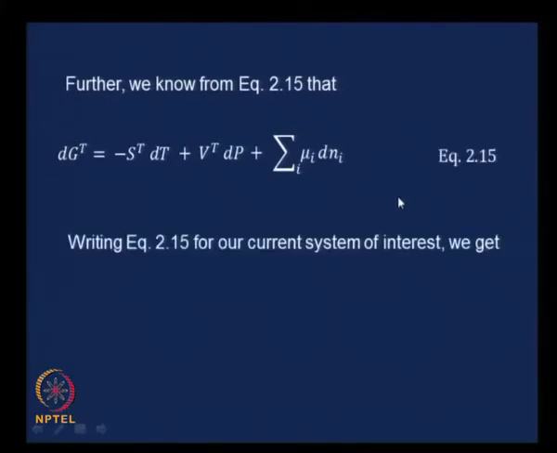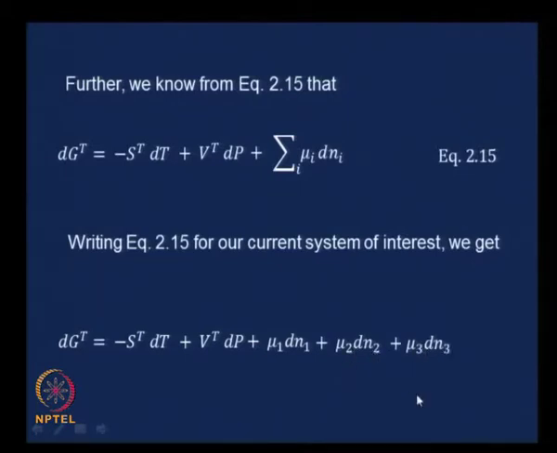And if we write equation 2.15 for our current system of interest, which is the system that consists of only that one reaction taking place, we can write dG_T: the first two terms of course are minus S_T dT plus V_T dP, and the sum over i of mu_i dN_i is mu_1 dN_1 plus mu_2 dN_2 plus mu_3 dN_3. Let us call this equation 6.8.